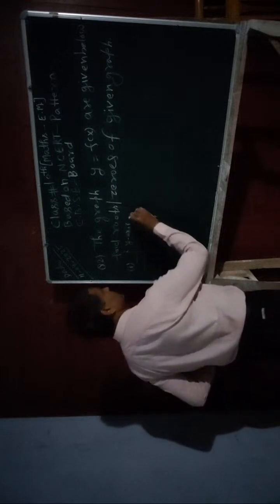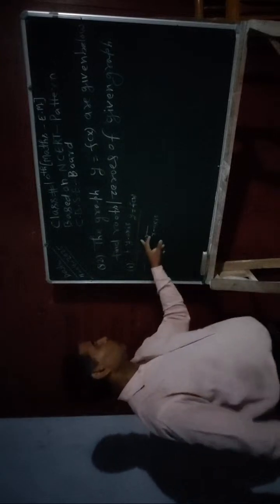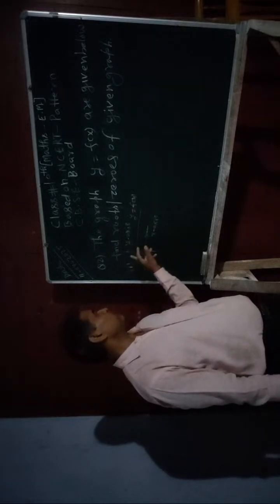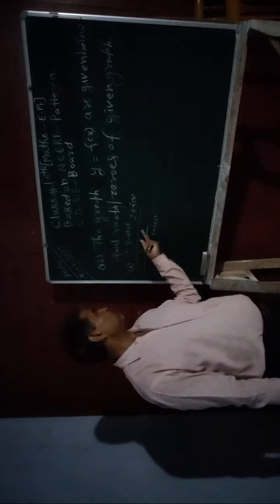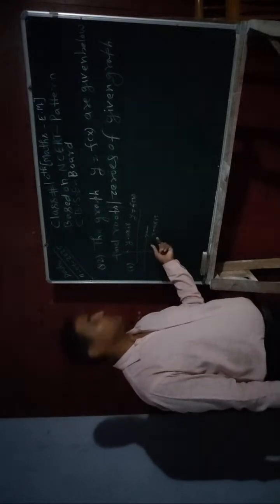Now one solid is given, y is equal to f of x. This is a curve drawn in the xy plane, and this curve is not intersecting the x-axis. It means that here I write its zeroth value will be 0.